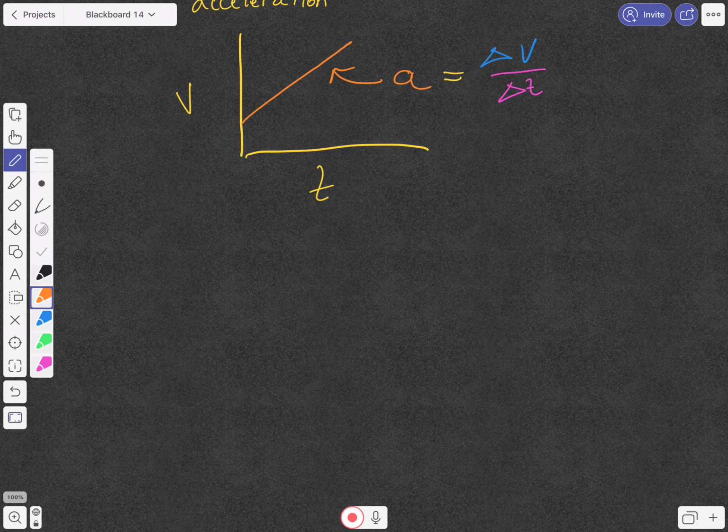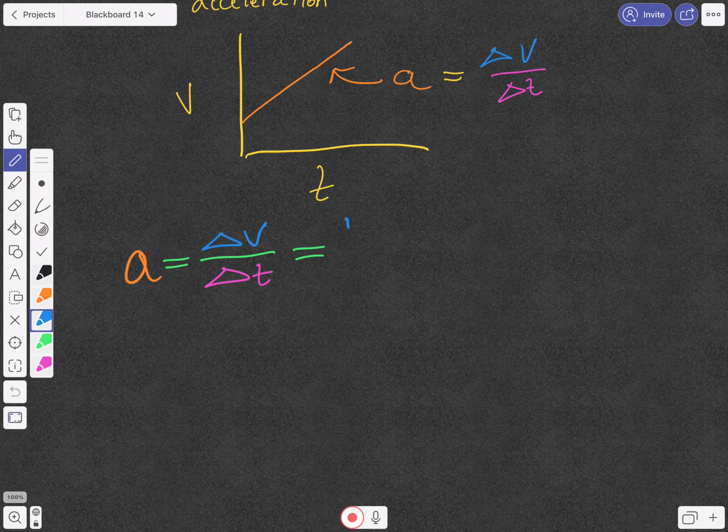So we know that our acceleration equals delta v over delta t. And what that means is our delta v is our change in velocity.